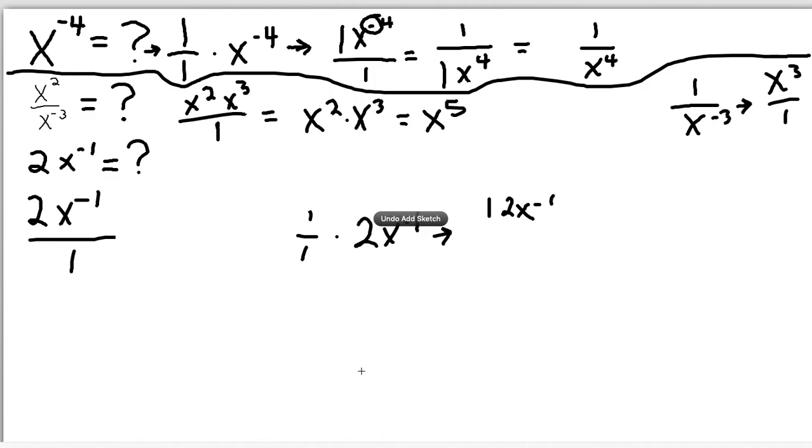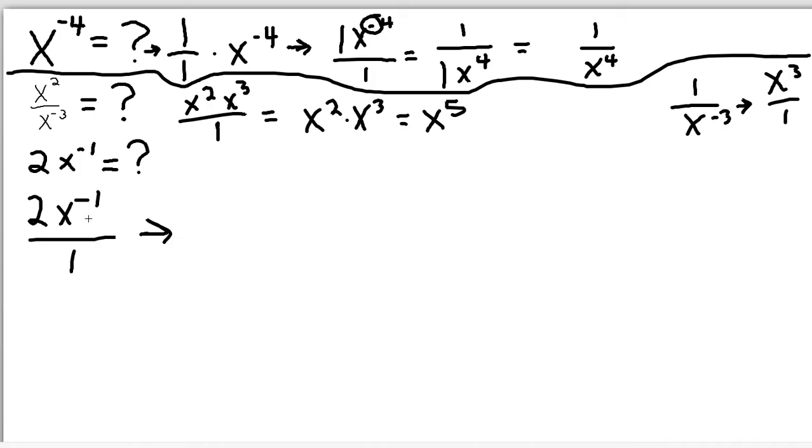I just don't want you guys to get confused when I do this, because after a while I'm going to start doing it faster and faster, and I'm not necessarily going to stop and explain every time I do it, because it's just going to slow us down too much. We won't be able to get as much done. So like I said, go ahead and multiply it times 1, and then having 1 in the denominator gives us the flexibility to go ahead and invert the fraction.